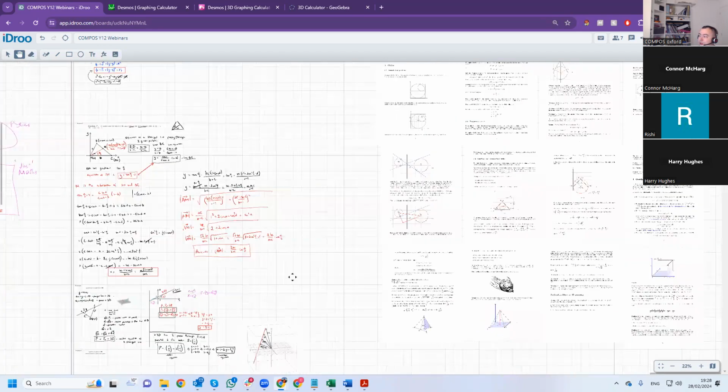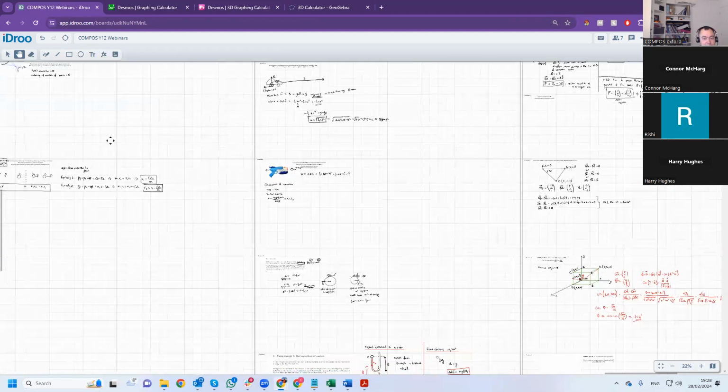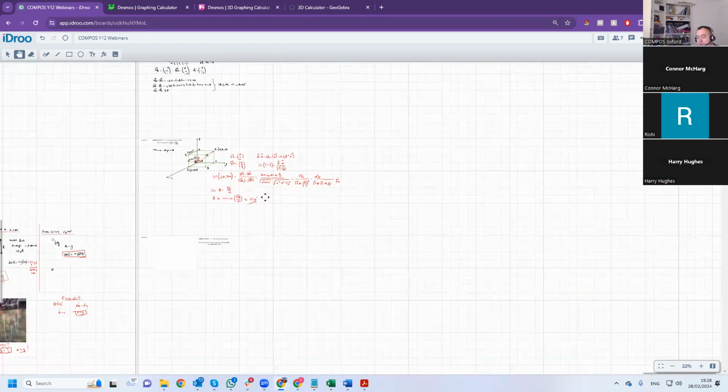Some very useful stuff. If you are doing any sort of, I don't know, computer games, for example, all the modeling is done using vectors.